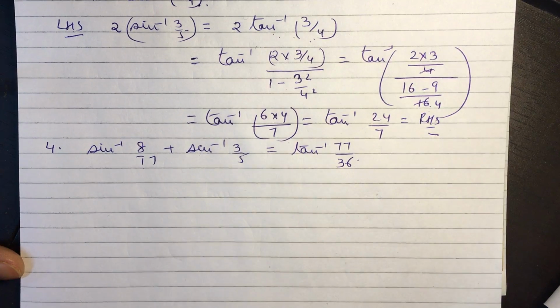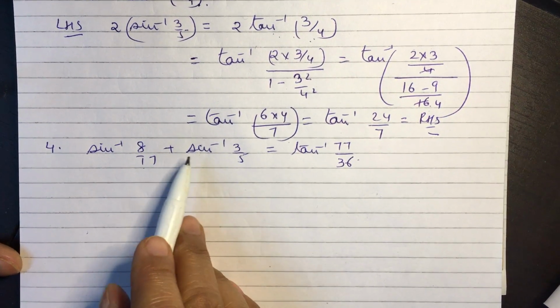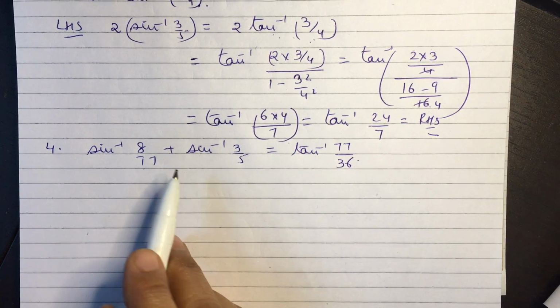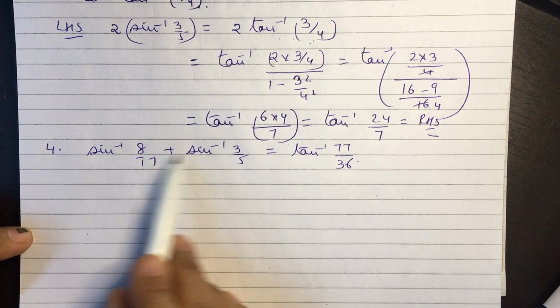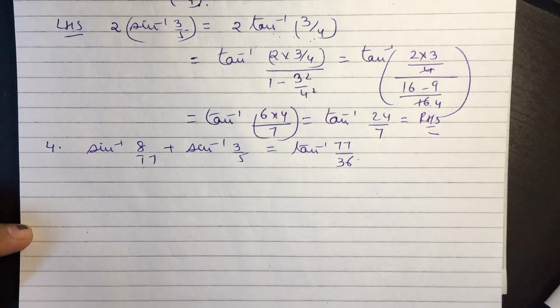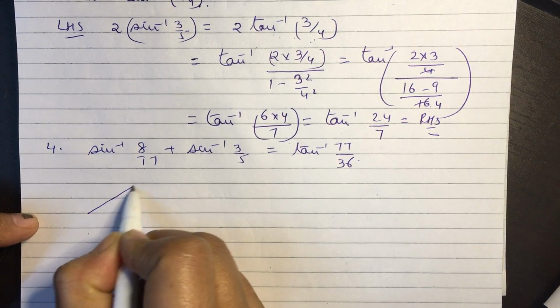Now in this case, we don't have any formula for the sum of two sine inverse functions, but we do have a formula for the sum of two tan inverse. So we will convert both of these sine inverse functions on the left hand side in terms of tan inverse. So how do we do this?